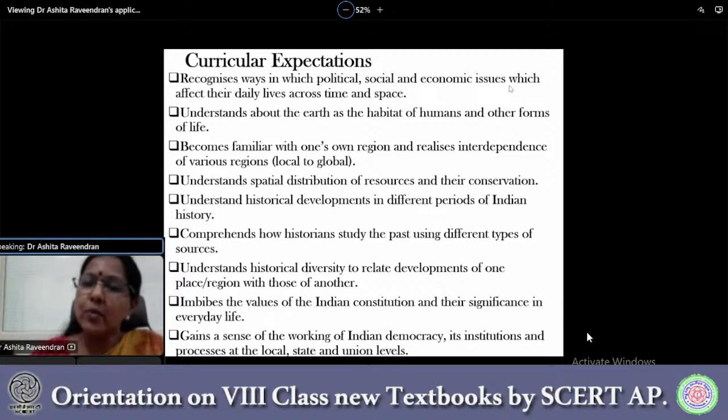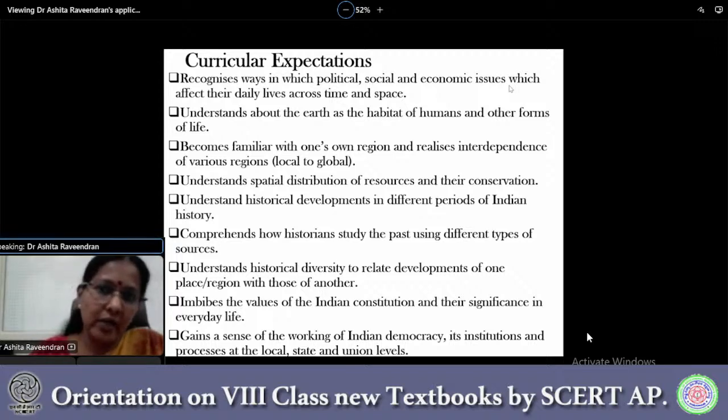How our Constitution protects us, how it is a guiding force for us, how laws are decided, and how these laws help us ensure equality in our society. We expect our learners to learn these values that are imparted through the Indian Constitution, and they also gain a sense of the working of Indian democracy.